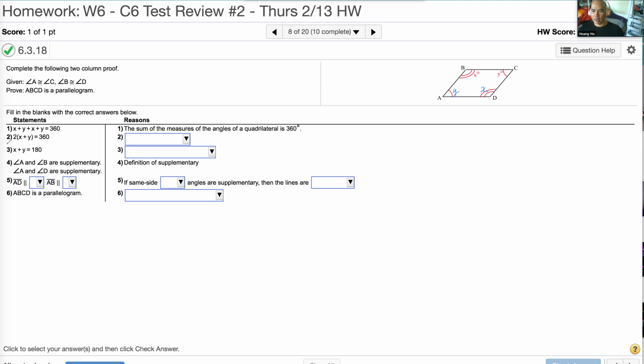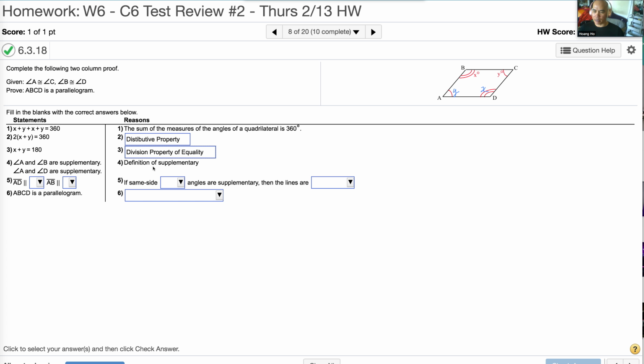So 2x, and you factor out the 2. Y plus y, you add to the 2. So you did what is called the distributive property. And then you divide by 2 on both sides, so it's the division property of equality.